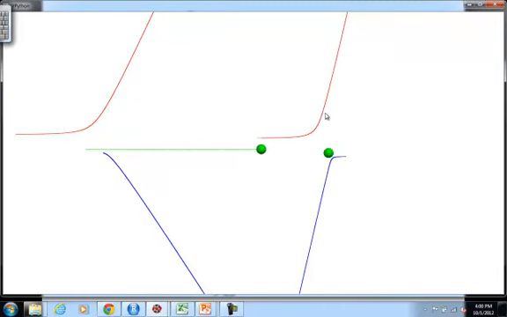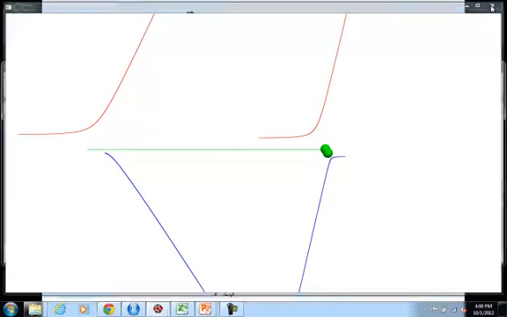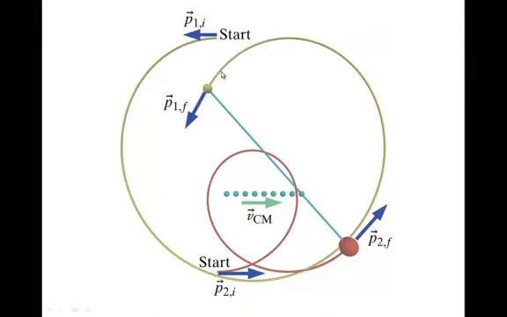We could draw a straight line right down here and see that, in fact, those things are going in opposite directions. So the motion in that center of mass reference frame is much easier to understand. So that's why I want to calculate these things.